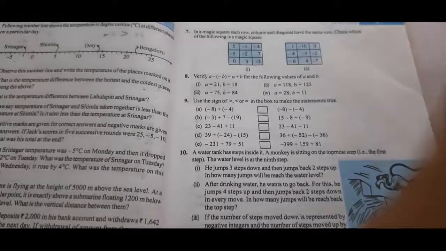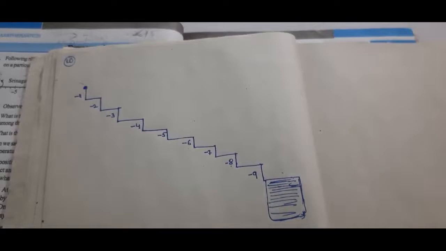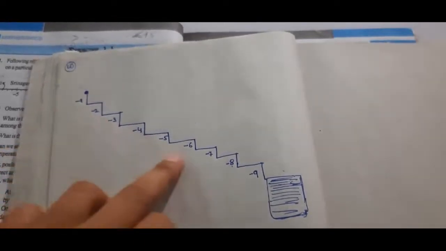See students, these are the 9th steps here. Where does it want to reach? The water. The steps are below the tank, so that's why we labeled the steps with negative numbers.